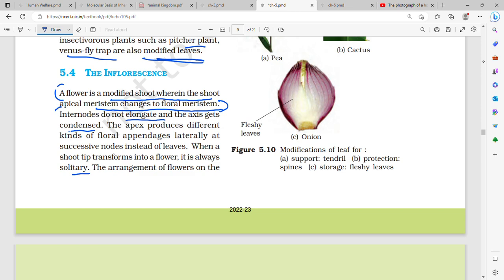Internodes do not elongate and the axis gets condensed. The apex produces different kinds of floral appendages laterally at successive nodes instead of leaves.